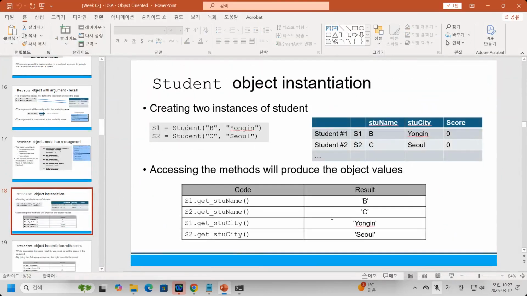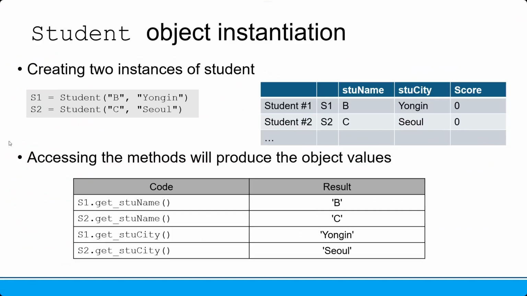Now, the idea is still the same as with the previous object, which is person. When I create a new person, there should be one object.